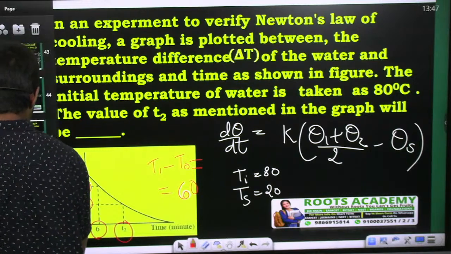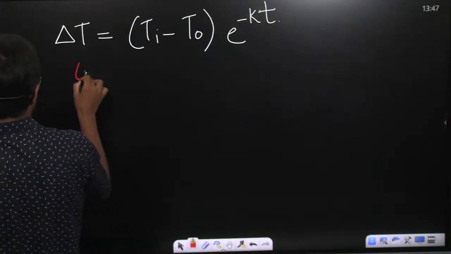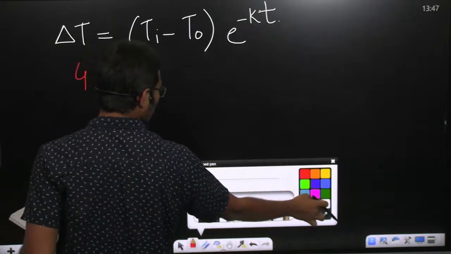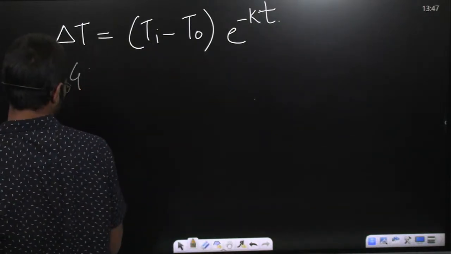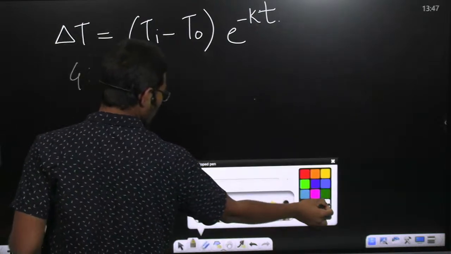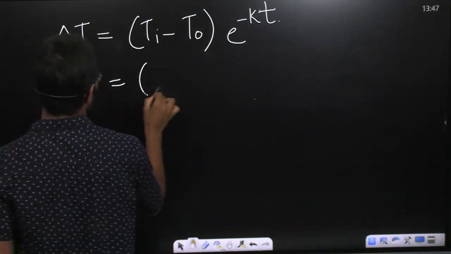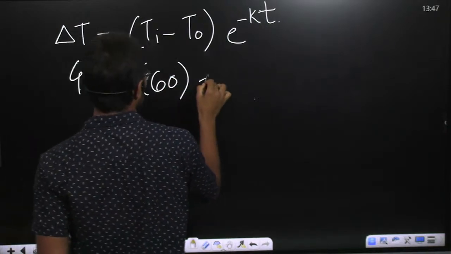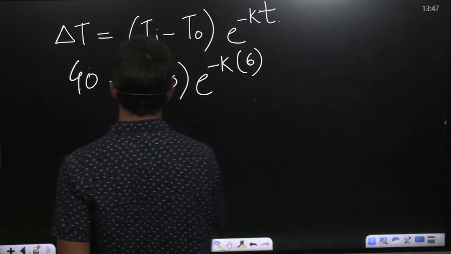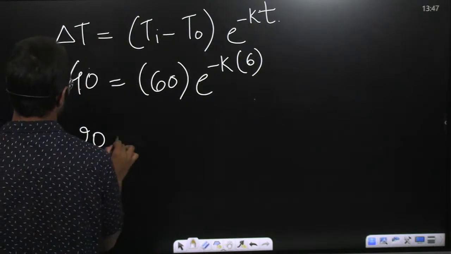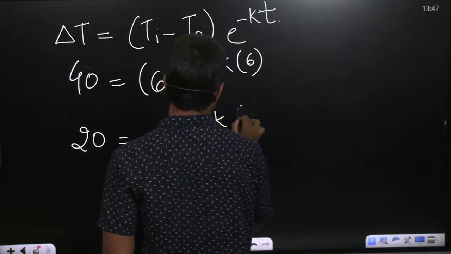So if you try to substitute the values, 40 is equal to 60 times e power minus k into time taken 6. 20 is equal to 60 times e power minus k into time taken t2.